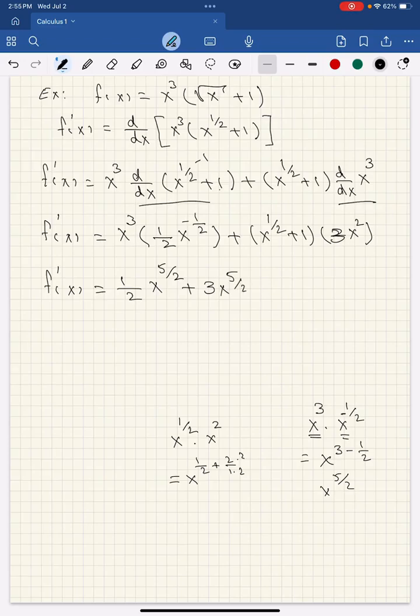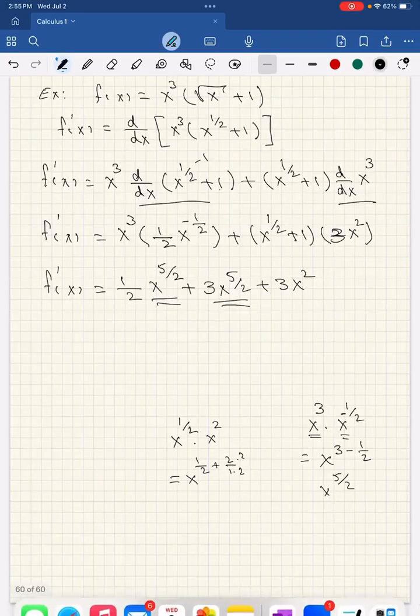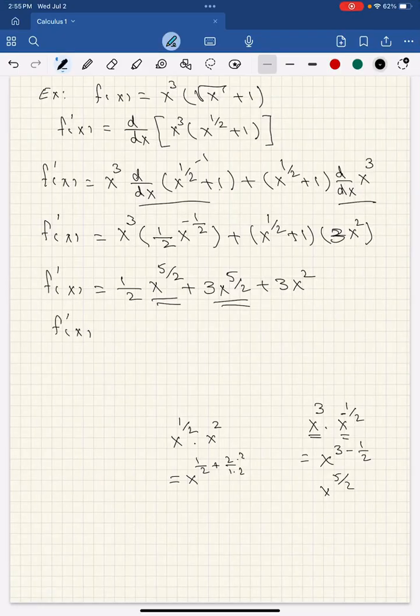X to the power of 5/2. 3x squared times 1 gives you 3x squared. Now, you see here and here, they are like terms. 1/2 plus 3 gives you 7/2, right? F prime of x equals 7/2 x to the power of 5/2 plus 3x squared, your final answer.